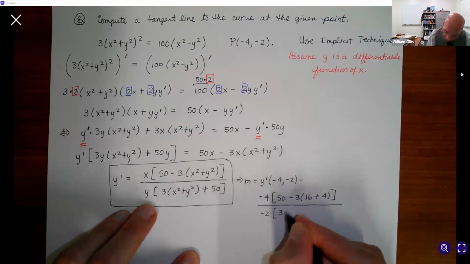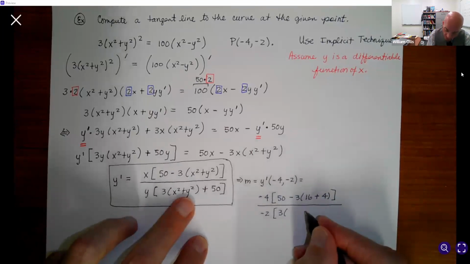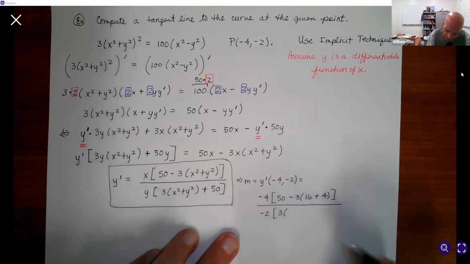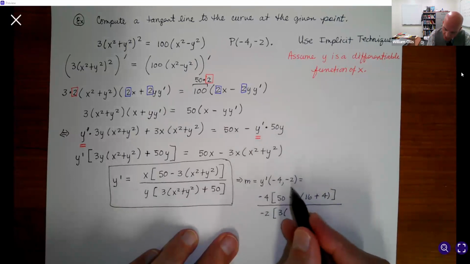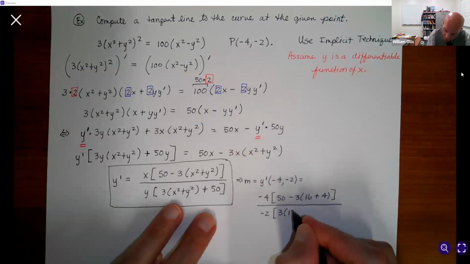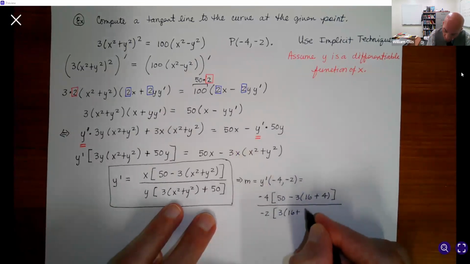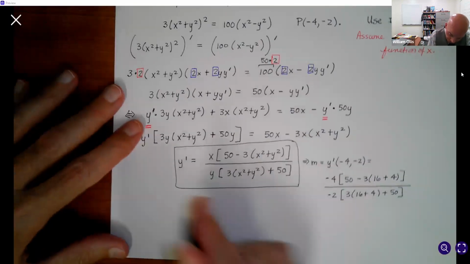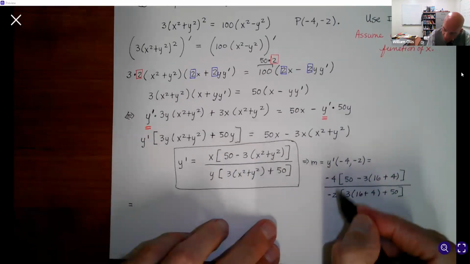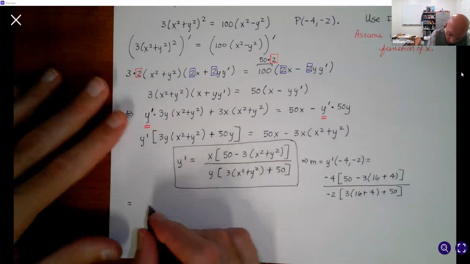And then we have 3, and again, x squared plus y squared. Again, don't worry about writing out every step. If the numbers are easy to square, go ahead and square them. So we have 16 plus 4, and then plus a 50. So now, of course, the -2 absorbs into the -4 to give us a 2.